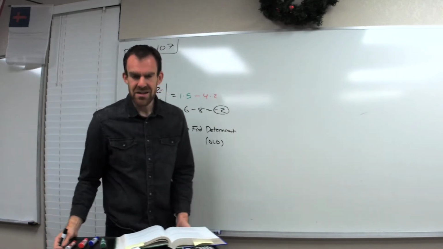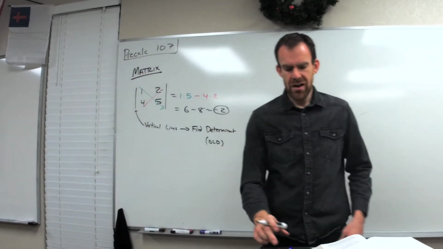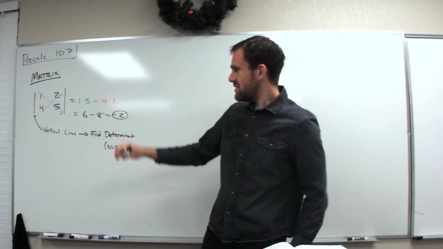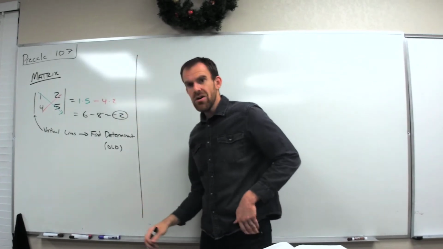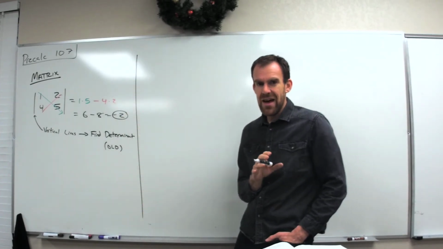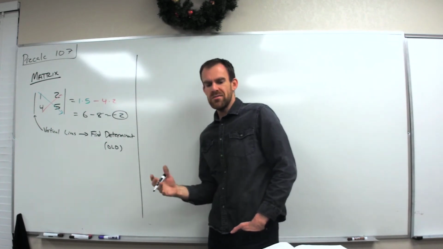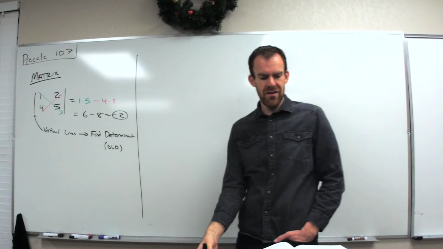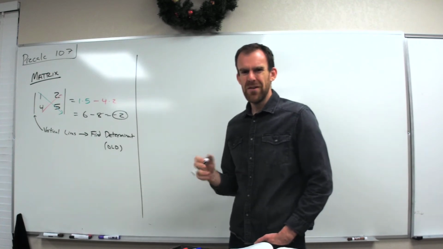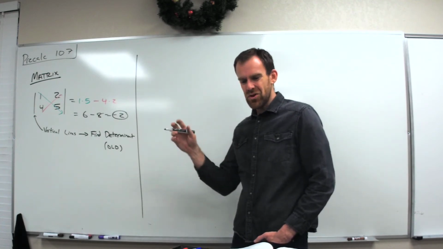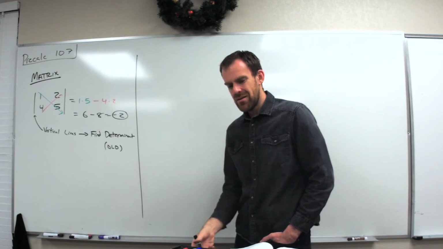But today's lesson, we're going to talk about a different way to use matrices. The determinant of the matrix is just a friendly way to measure how good or well-behaved the numbers are.